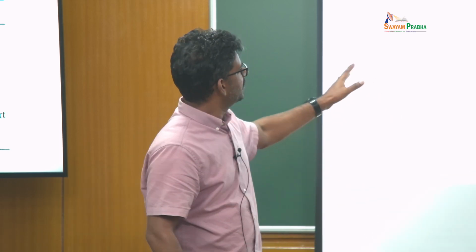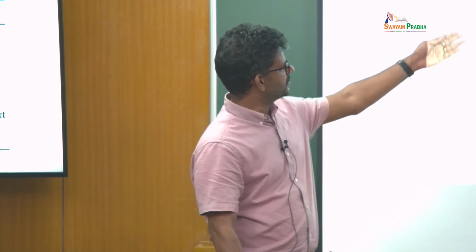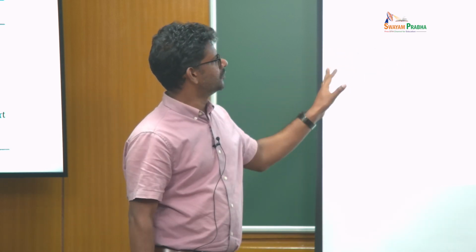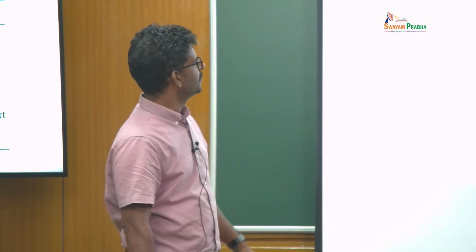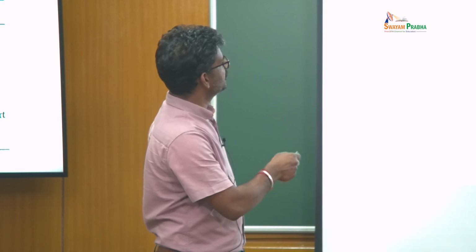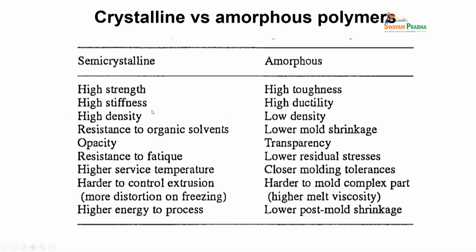So if you compare a semi-crystalline polymer such as polyethylene versus an amorphous polymer such as, let's say, polystyrene, you can see there is a good difference between the two. When you have a semi-crystalline polymer, they usually have high strength, meaning they can support a lot of load, and they are quite stiff, meaning rigid.